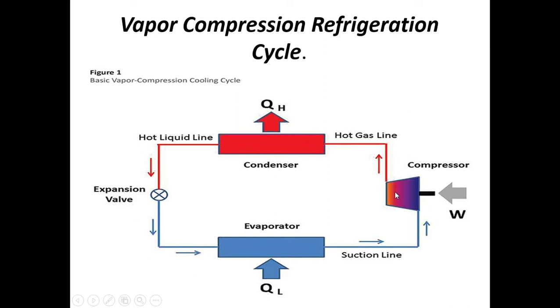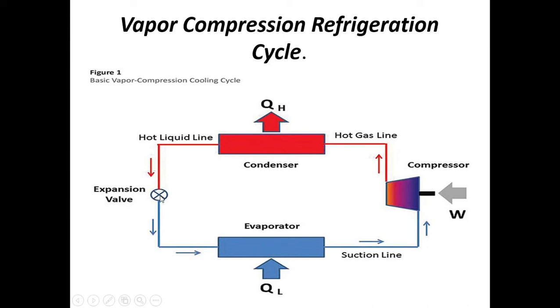Now why it is done so: as I said earlier, refrigerant is in the vapor form at room temperature. When we increase the pressure of the refrigerant, the temperature also increases. We know that when a gas's pressure is increased, it can be condensed very easily. When we switch on, the compressor sucks the refrigerant from this region.